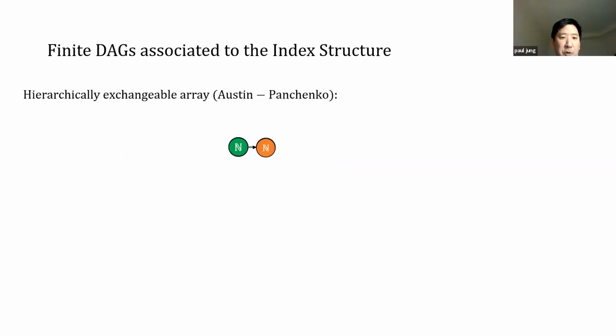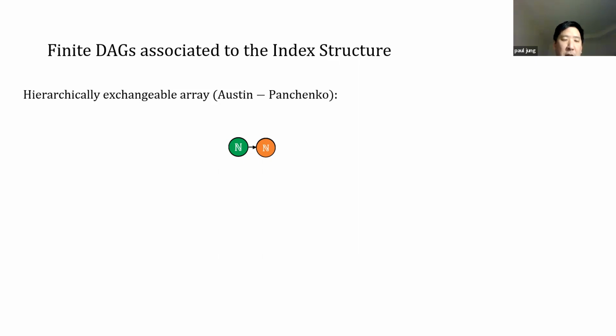Now let's go to the Austin and Panchenko setting, the hierarchical exchangeability. Here again, let me remind you that the columns in some sense are subjugated to the rows, so I'm going to draw this subjugation by an arrow. The finite DAG associated to a 2-dimensional hierarchical array is just two vertices with a single directed edge in between them.